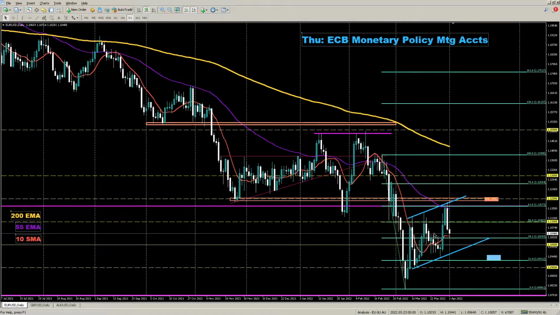So this fib is also possible, because now after hitting the 62 fib retracement, it has dropped back lower down to the 38 fib.